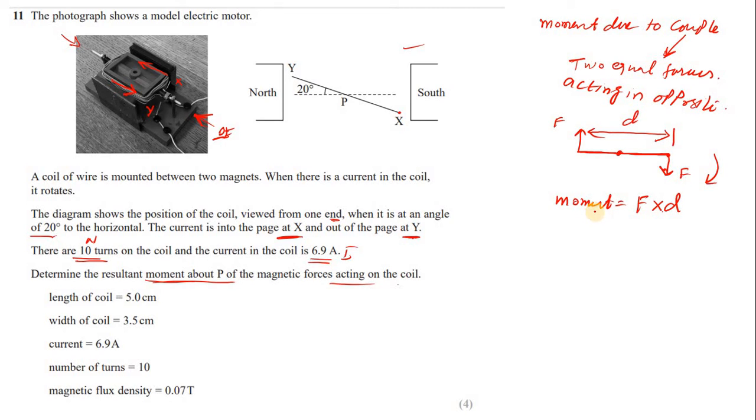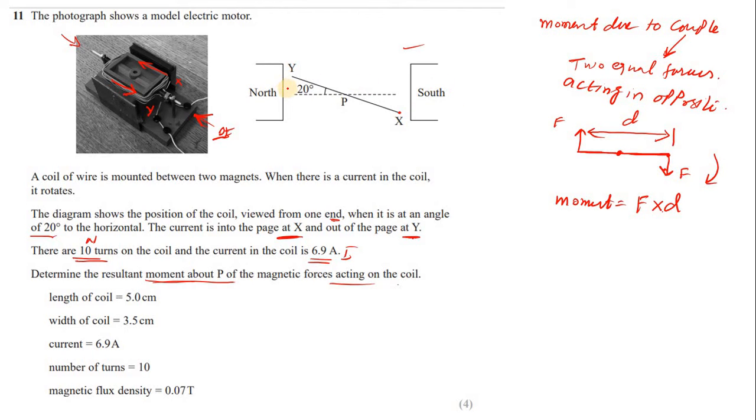So the idea is, here if you see the current is going into the X, as I mentioned here. It is not mandatory to draw the force arrow, but to visualize what is happening, why do we have a couple of forces? So the current is going into the page, and this is north to south.